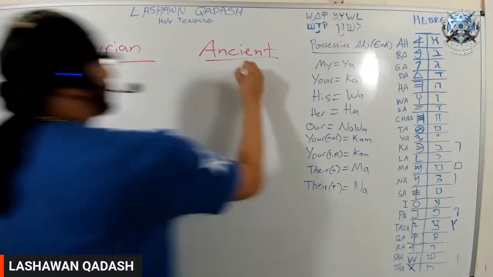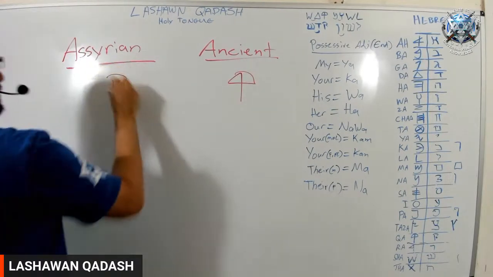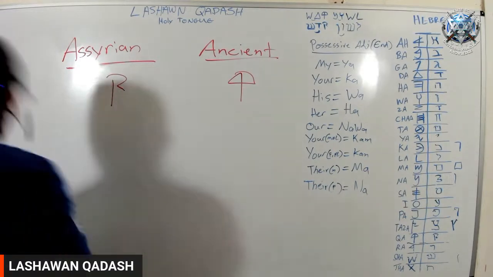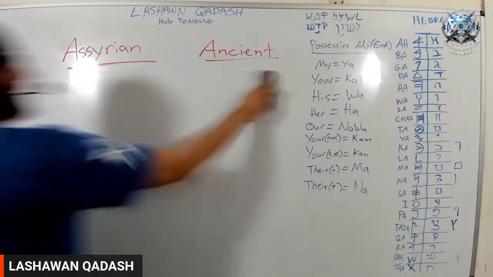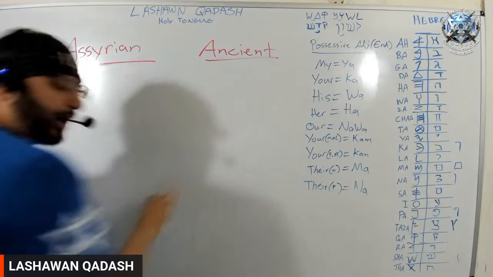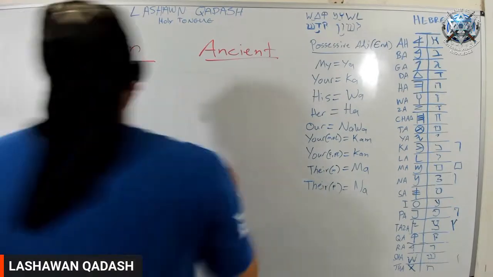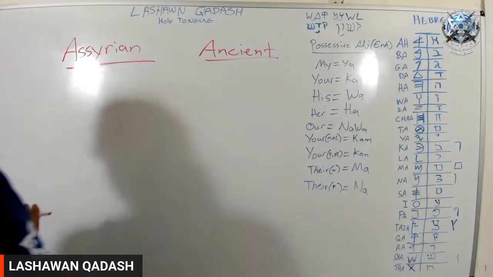Qua. So qua looks like this in the ancient, and then qua looks like this in the Assyrian. And that is why when we're practicing it, I'm also saying it while I write it, because then when I hear it, I'll know what it looks like immediately. Go ahead, keep going.